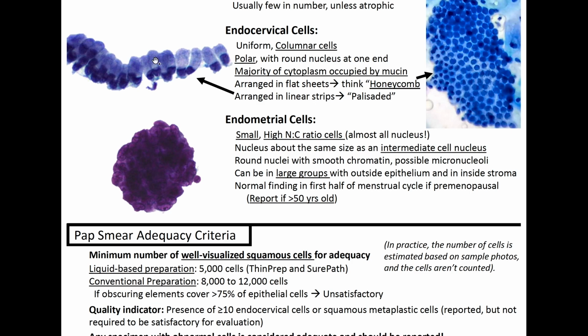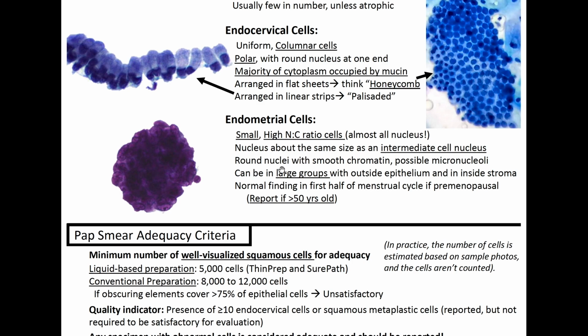So endocervical cells are going to have a lot more cytoplasm than endometrial cells, which is our next cell type. Endometrial cells, I think of these as like a 3D ball, but they're going to be small with a high N-to-C ratio, and it's almost all nucleus. As the ratio would suggest, a lot less cytoplasm.